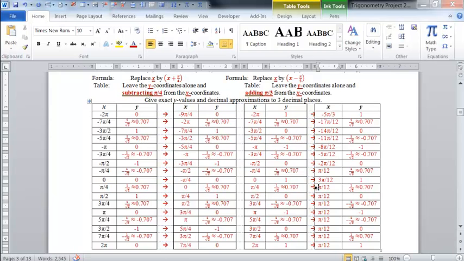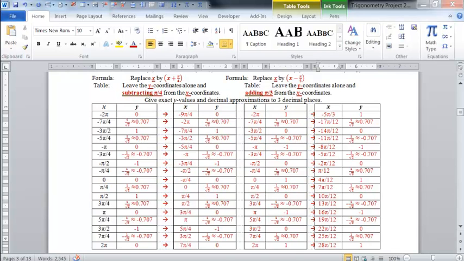So 3, 6, 9, adding 3. 3 plus 1 is 4. 4, 7, 10, 13, 16, 19, 22, 25, 28. Let's just double check that last one.